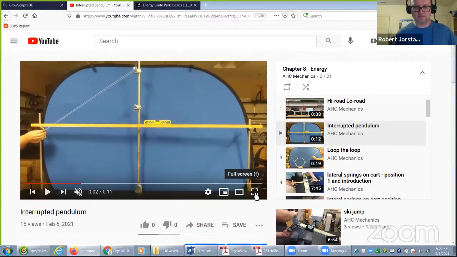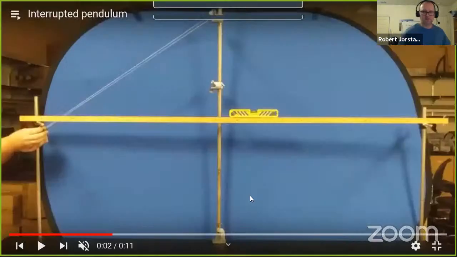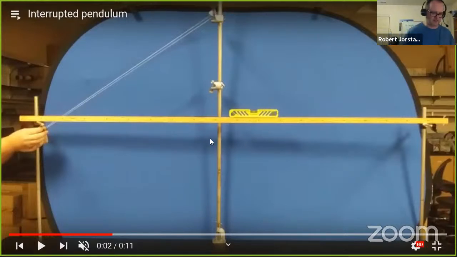Let me make it bigger. So I tried to make that pendulum level. I don't know if you could tell there's a bubble inside that level. So it's approximately level there. And so there's a weird situation here. Right here, there's a rod sticking out. So this pendulum's going to swing and it's going to hit this rod.